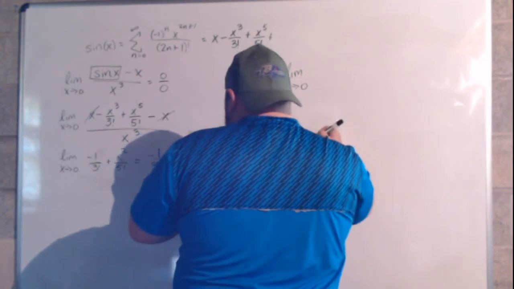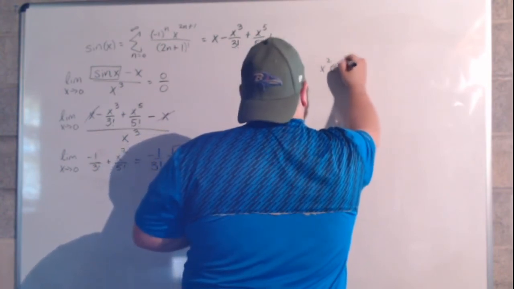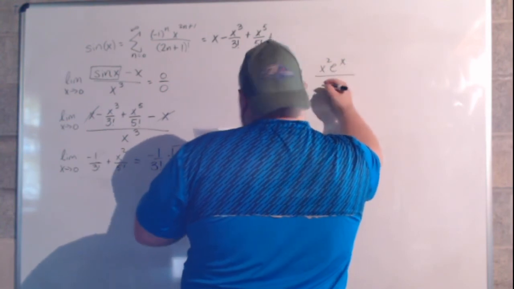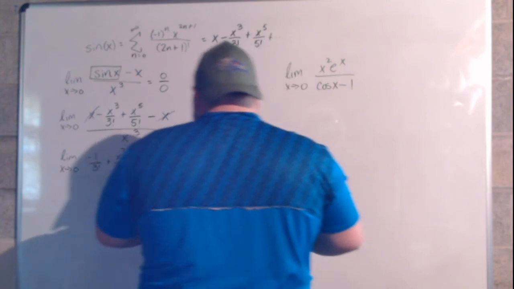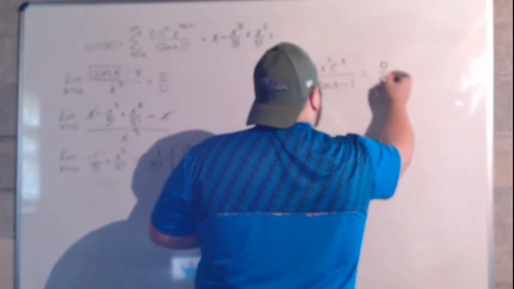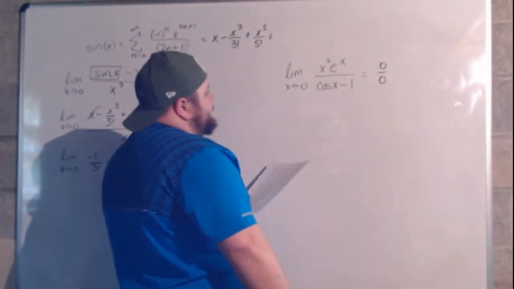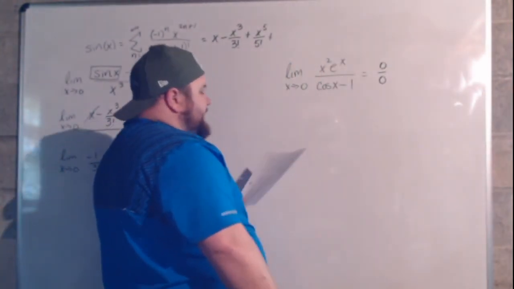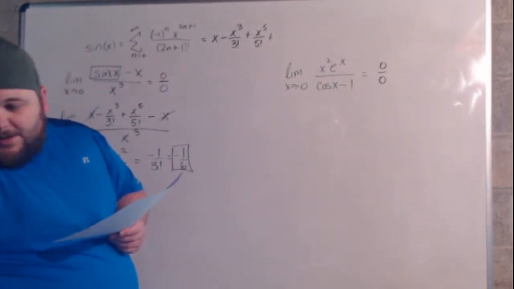Alright, the last one here says limit as x approaches 0 of x squared e to the x all over cosine x minus 1. Again, if we plug in, we get 0 over 0. Which is an indicator that we could use L'Hopital's rule, but we don't need to do that.